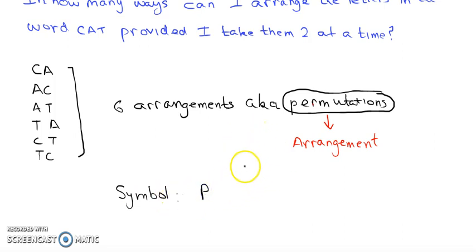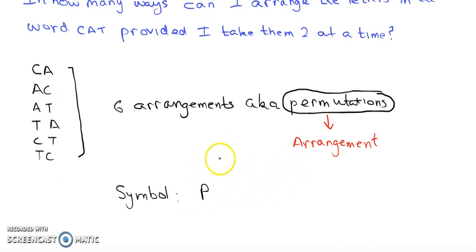And if I were to write it in mathematical form, I'd say that I have 3 letters and I am selecting 3 letters and I'm trying to arrange them two at a time. So I am finding the arrangement of 2 letters from 3 letters.